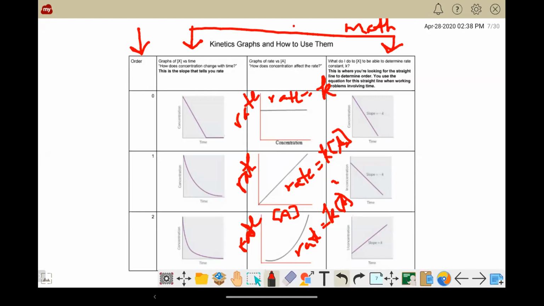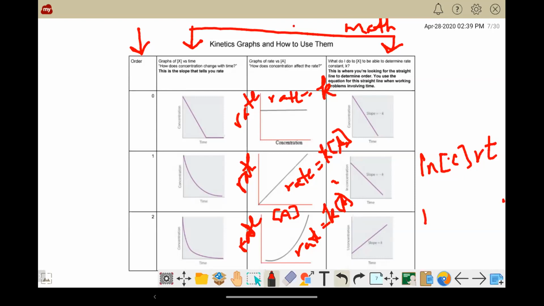So concentration versus time is a straight line graph, and the slope of that graph is the negative rate constant, or K. If, when we take the natural log of the concentration versus time, we get a straight line graph, that tells me that the reaction is first order with respect to that reactant, and the slope, again, is the negative rate constant.